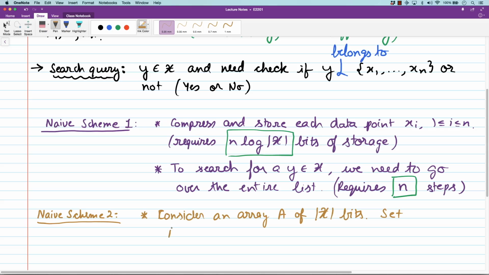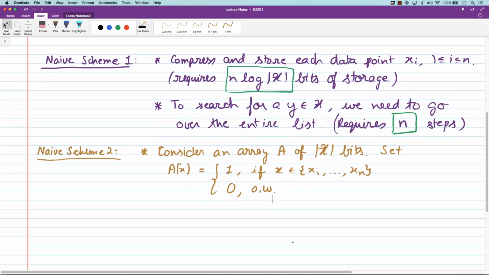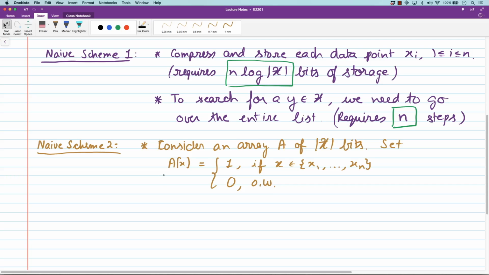Set A of x equal to 1 if x belongs to the list of observed tokens and 0 otherwise. Okay. So if you want to do it sequentially, as you get one token at a time, you keep on setting these bits to 1 and 0.